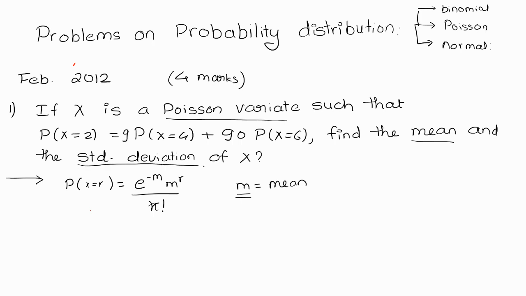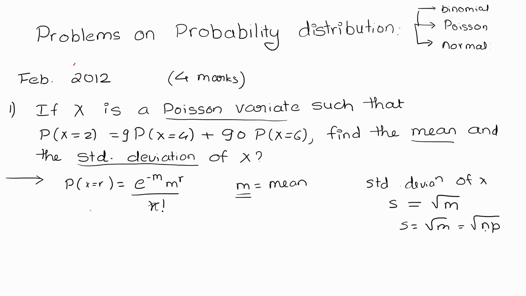That means we need to find this value of m and the standard deviation of x. Now, I had forgotten to tell you that in Poisson distribution, the standard deviation of x, that is s, is equals to root of mean. That is what the standard deviation in Poisson distribution has as the formula, s is equals to root of m, or m is np, therefore root of n into p.